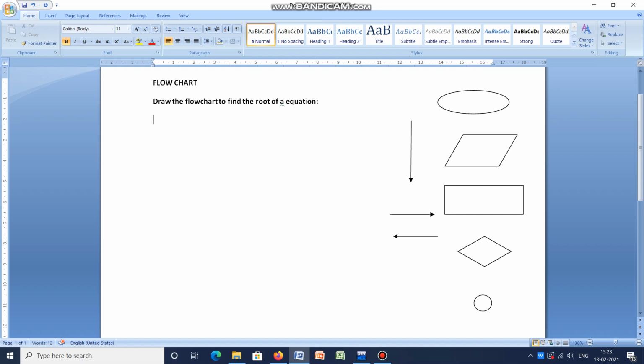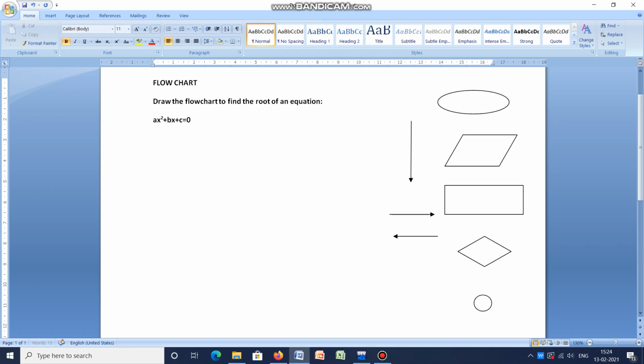Like what type of equation? ax square plus bx plus c equal to 0.